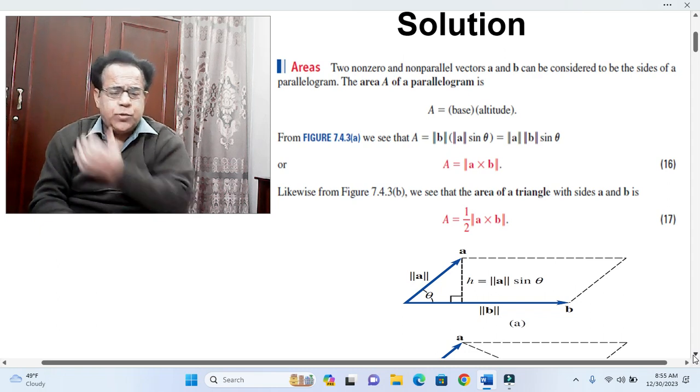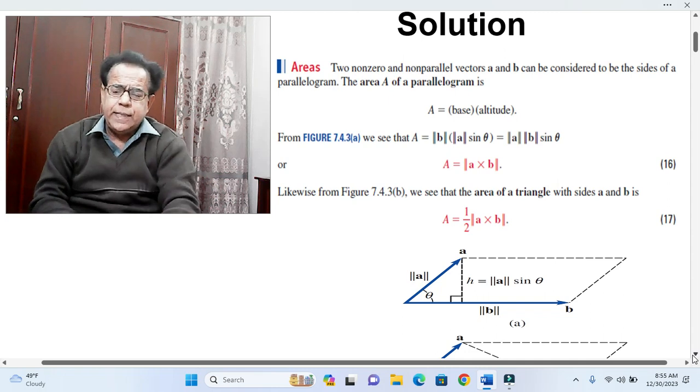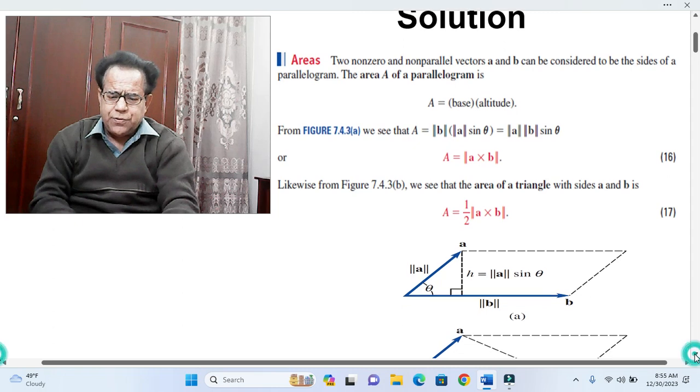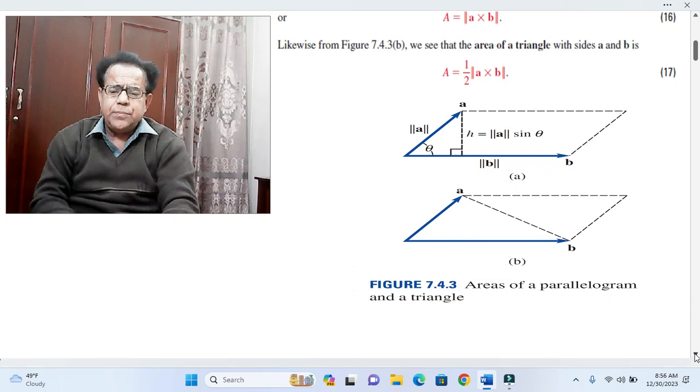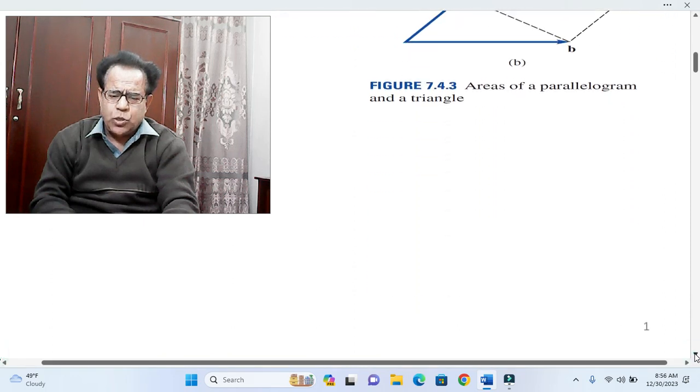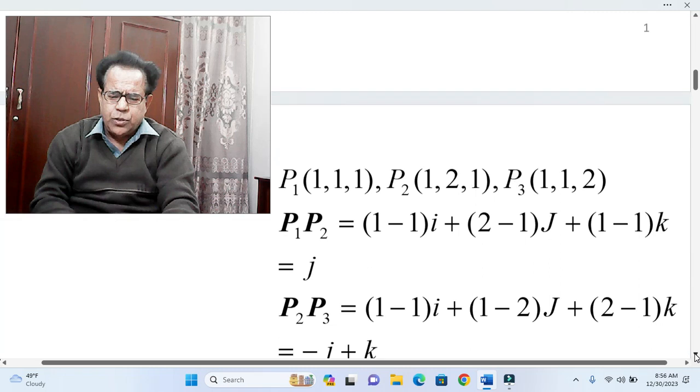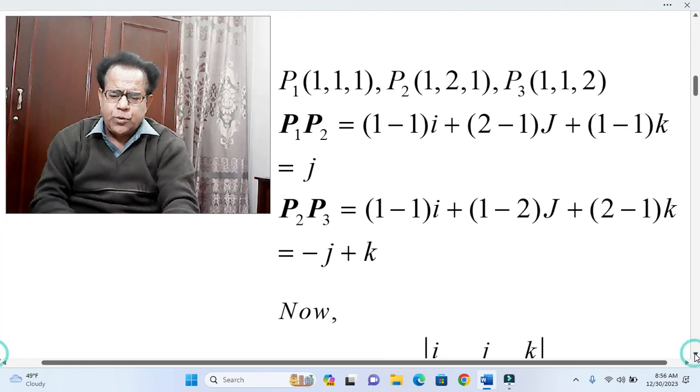That is to say, area of a parallelogram is equal to the magnitude of the cross product of A and B, while area of a triangle is half of that magnitude. Only half is the difference. The figure is the same as referred to in our earlier statement. So we do not waste more time on this and we come to our solution in a formal manner.